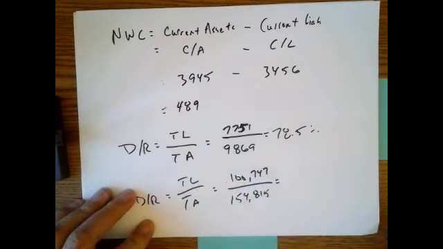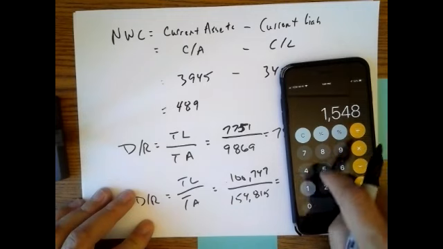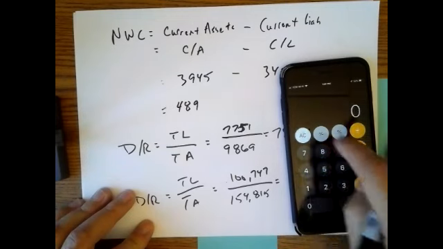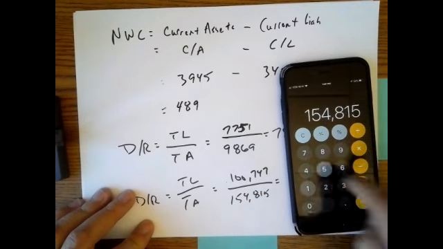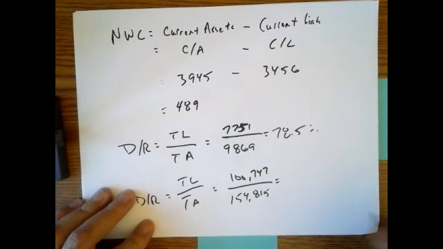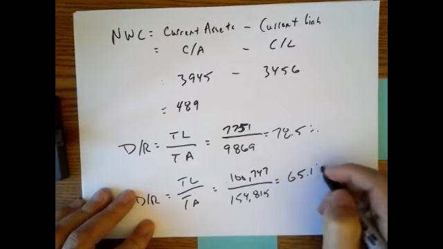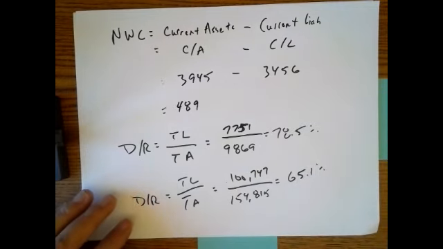So 100,747 divided by 154,815 gives us 65.1%. So quite a bit of difference between the two.